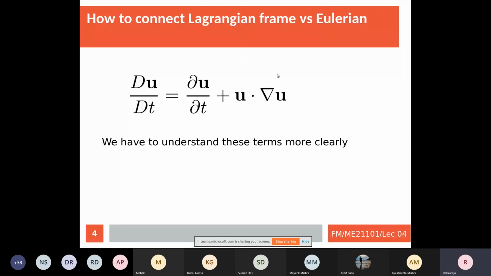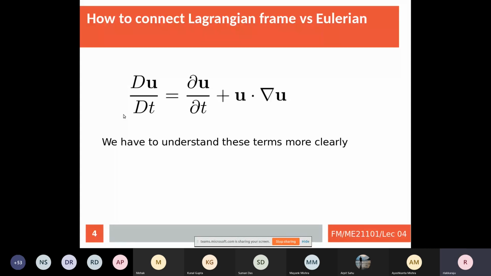And this is the Eulerian description. That is equivalent to this term, which looks simple, but calculating it, tracking each and every particle, is difficult, and that's what we call the Lagrangian velocity. Here u is velocity, and d by dt of u is acceleration.